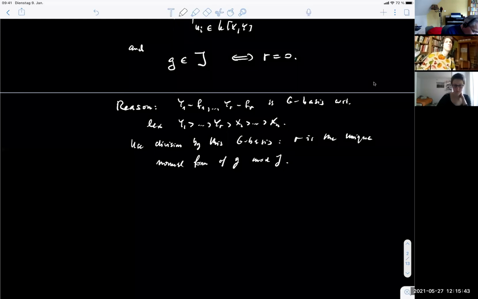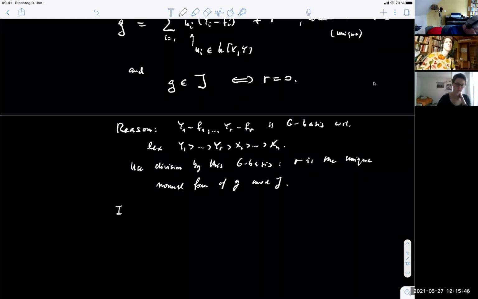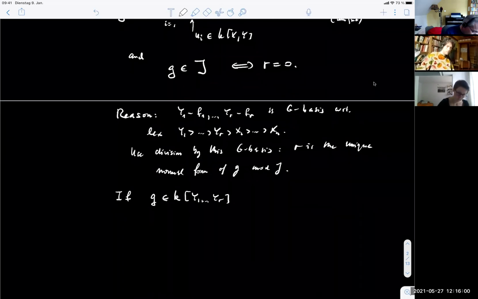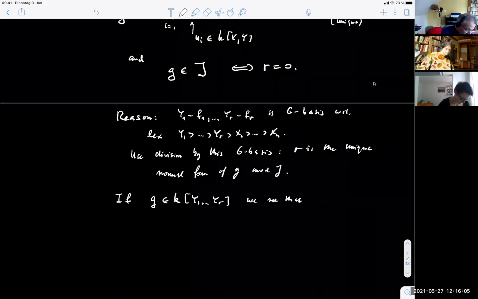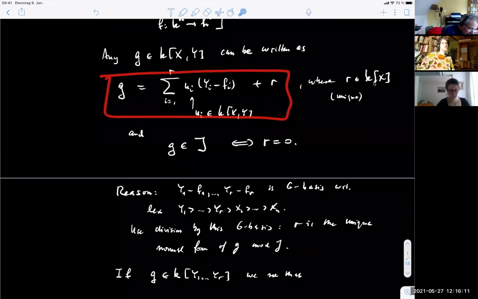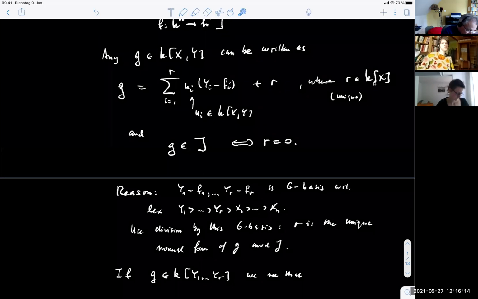But just to continue this reasoning, say I have a polynomial, my polynomial G before was in the x and y variables. Now assume it's only depending on the y variables. Now I want to do the following trick.